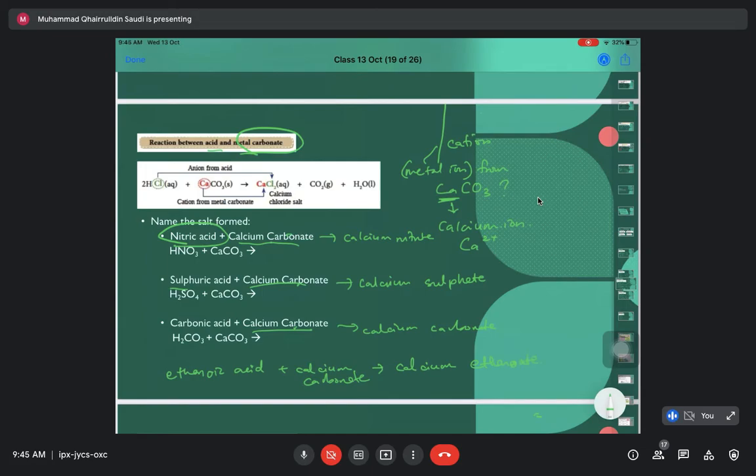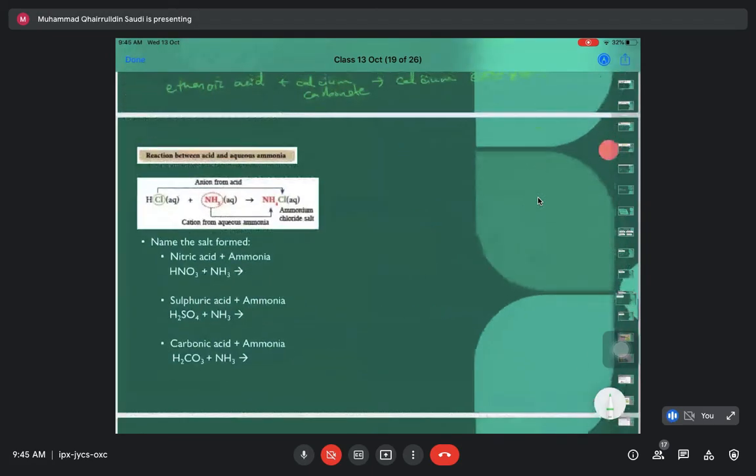Sama lah aqueous ammonia. Kalau kita react dengan ammonia pula, what is our cation? Ammonium. Yes, ammonium ion, NH4+. Okay? So our name is, the first one is ammonium nitrate, ammonium sulfate, ammonium carbonate.